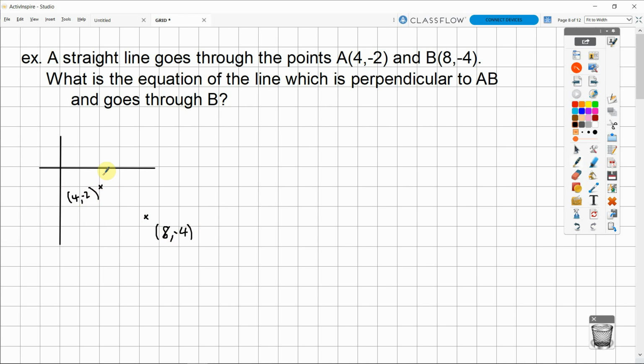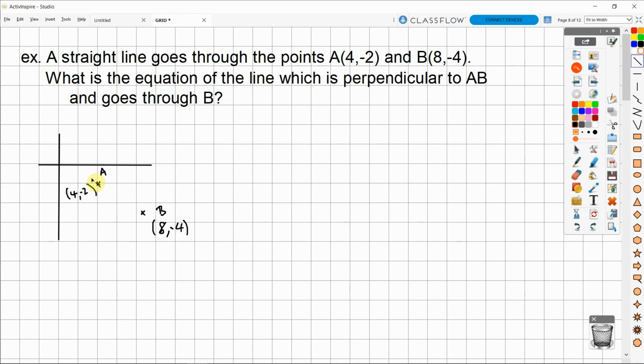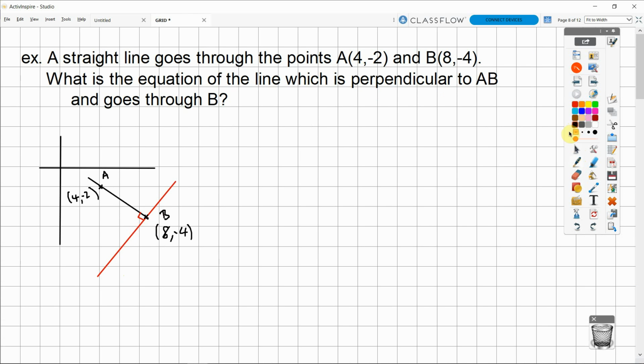And this is the point that has been labelled A, and this is the point B. But we haven't been asked for the equation of that line. We've been asked for the equation of the line which is perpendicular, that is at right angles to AB, and goes through B. So what we're looking for is a line that does something like that. I can see from my sketch I'm expecting a positive gradient. I'm expecting a y-intercept that's really quite negative. But I'm going to have to go into the algebra to actually work out what's happening.